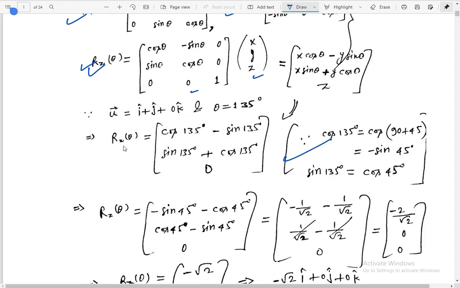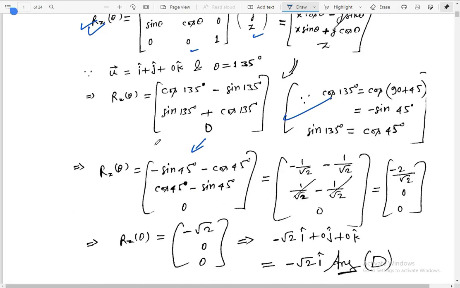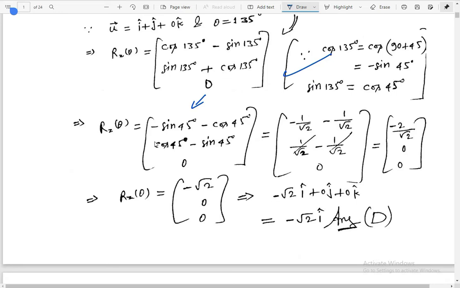Actually cos 135 is equal to minus sin 45 and sin 135 is equal to cos 45. We convert this and use it here, and sin 45 is equal to 1 by root 2. After putting these values, we finally get Rz is equal to minus root 2, 0, 0.